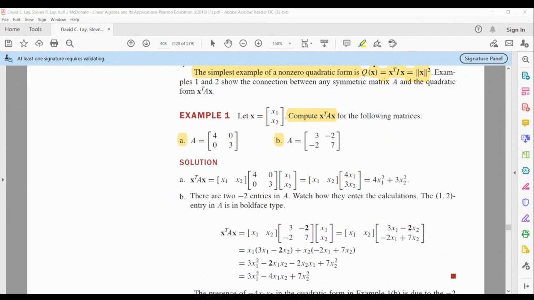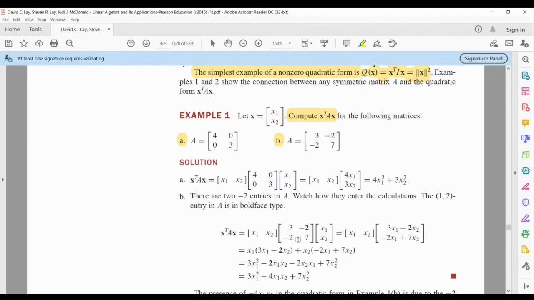What type of matrices are those? Symmetric, that's right. Good, Catherine. Those are symmetric matrices.